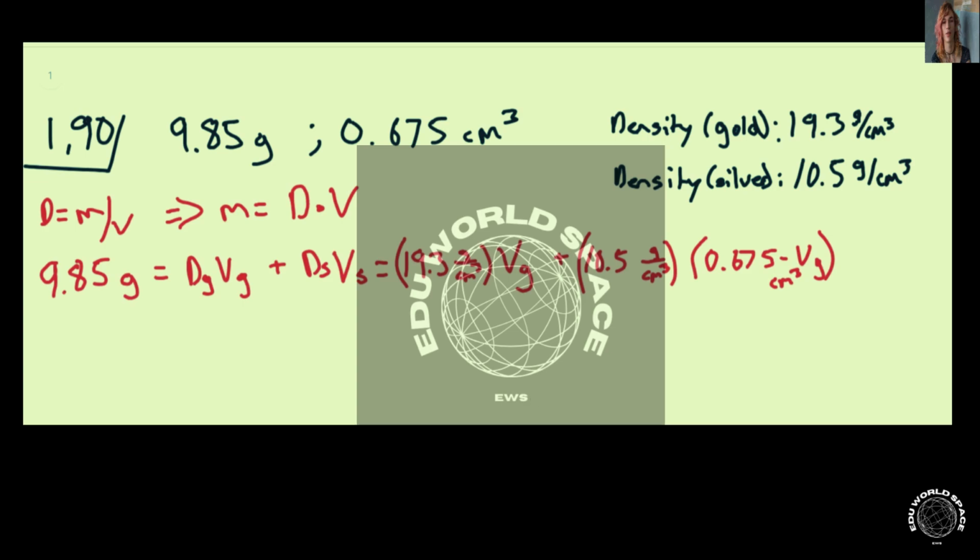So 9.85 grams is equal to 19.3 grams per centimeter cubed times Vg, volume of gold, plus we multiply 10.5 times 0.675 and we get 7.0875 grams.